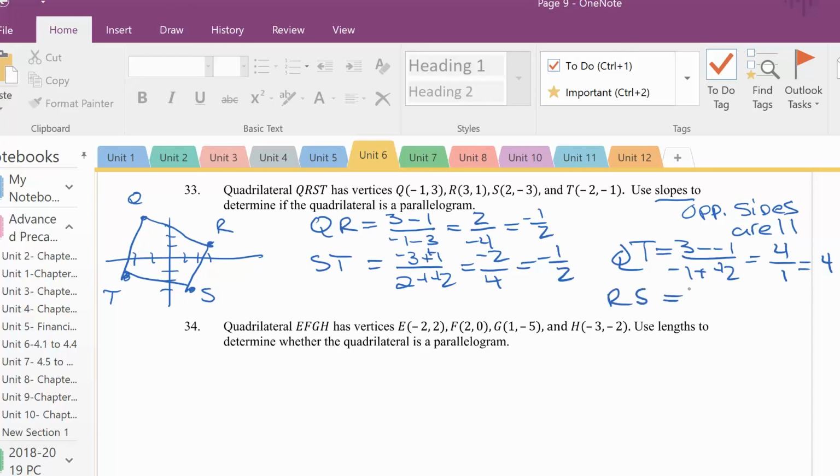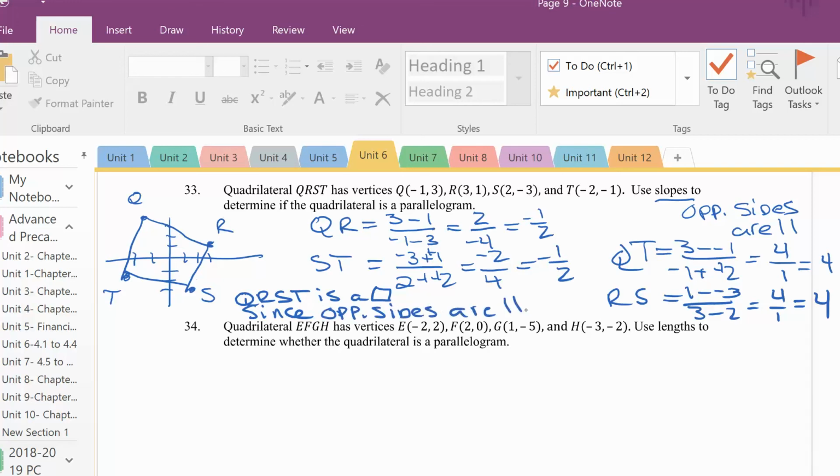So RS is 1 minus -3 and 3 minus 2. So it's 4 over 1, which is also 4. So therefore, QRST is a parallelogram since opposite sides are parallel because they have the same slope.